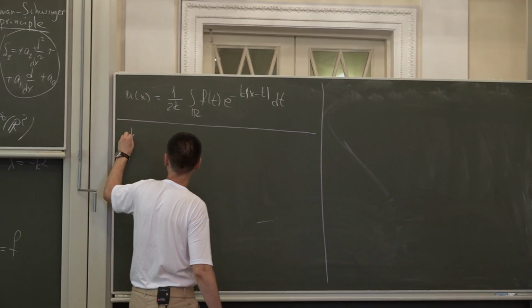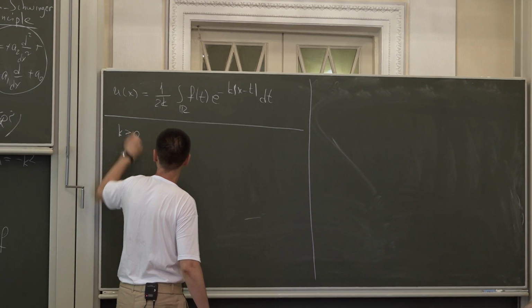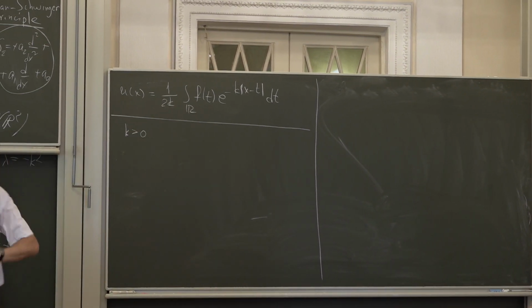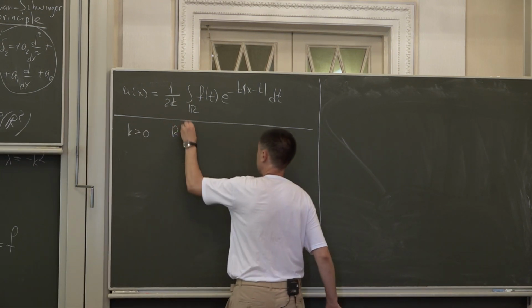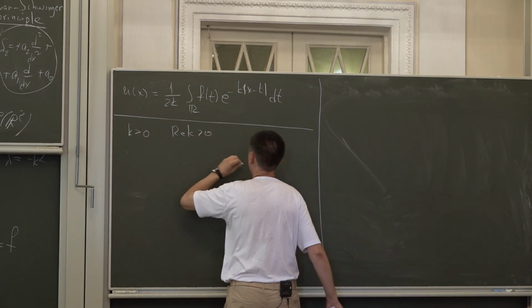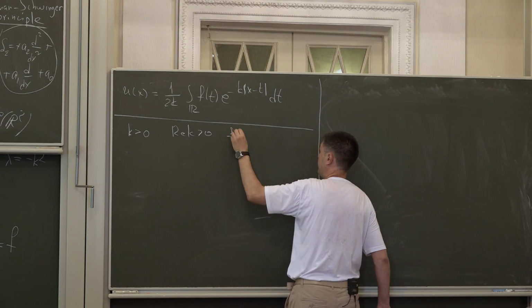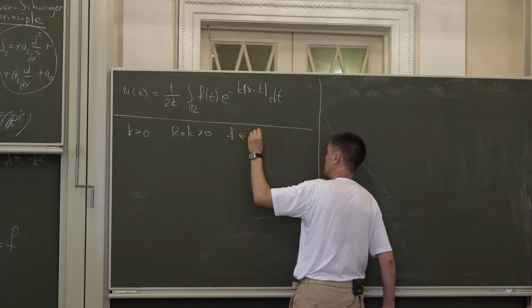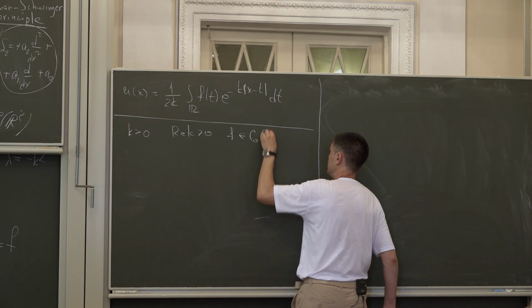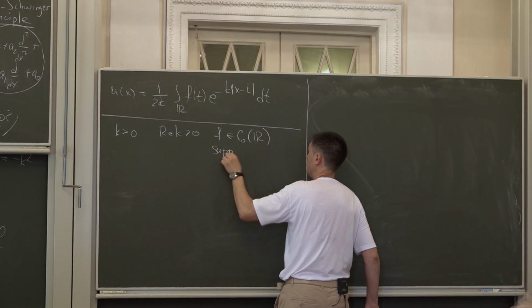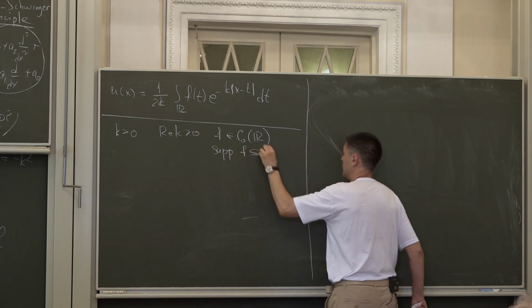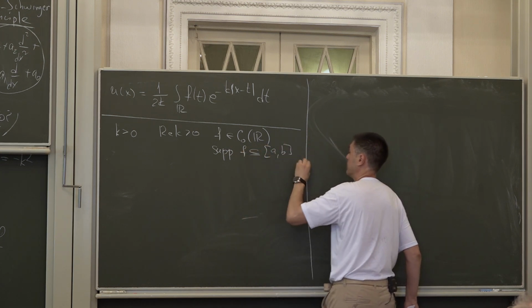Assume that k is positive, for instance, for the beginning, or more generally that the real part of k is positive. And then also assume that f has a compact support, so it's in C0 on R, and for instance, that the support of f is inside some segment.